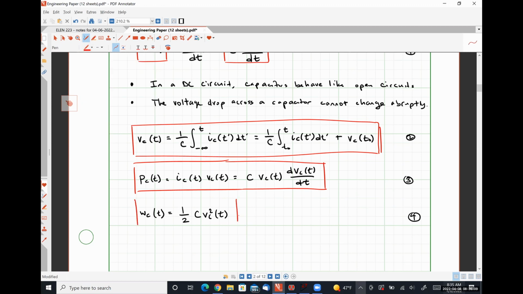So these are our 4 capacitor equations. They are identical in form to what we derived on Wednesday for inductors, okay? I truly mean this. You really don't need to memorize 8 equations.